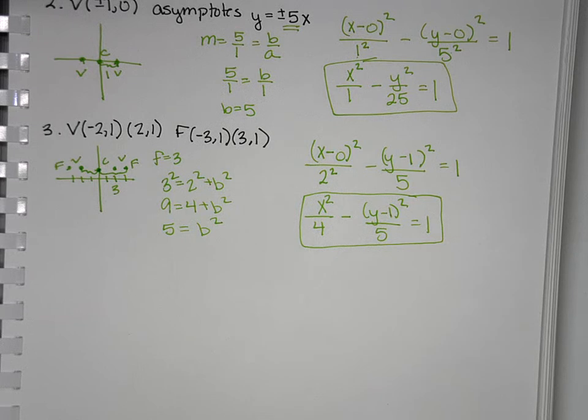Okay, so what I'd like you to do is come back with any questions on how to write the equations, so in other words, working backwards, that you might have. We're going to do one more in class where we're given a point on the hyperbola and the vertices, just so that you can kind of see how to do those, because I know there were some questions on that type from yesterday.